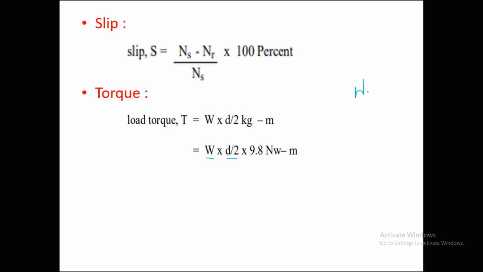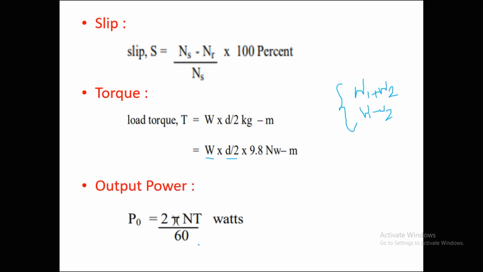We know the formula is W1 plus W2, and only at the time of no load we have to use the formula as W1 minus W2. So the total power is nothing but W. By using this we can obtain the value of the torque, and the output power we know is the mechanical power. So by using 2 pi NT by 60, we can obtain P0.